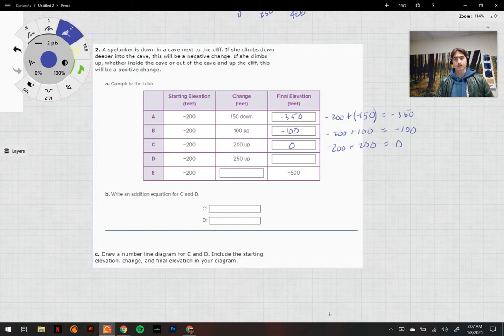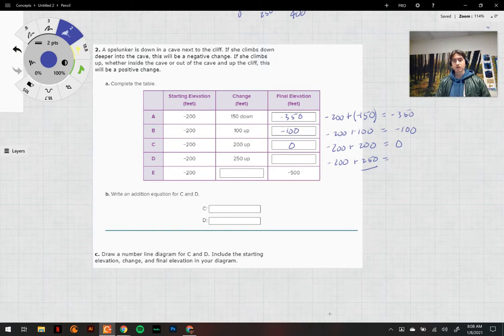All right. Starting elevation is negative 200, and she climbs up 250 feet. Okay, we have opposite signs, so I need to determine the magnitude. 250 has a magnitude of 250. It's 250 units away from 0, whereas negative 200 has a magnitude of 200.